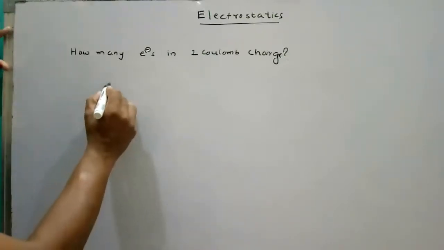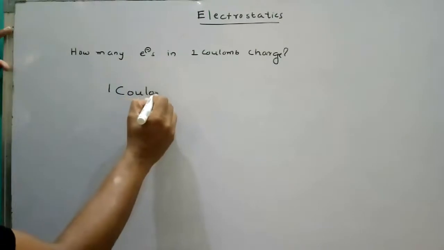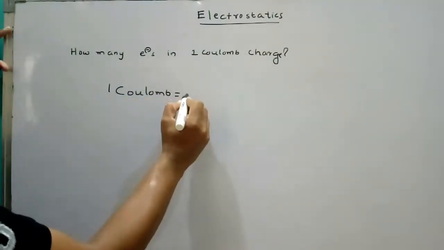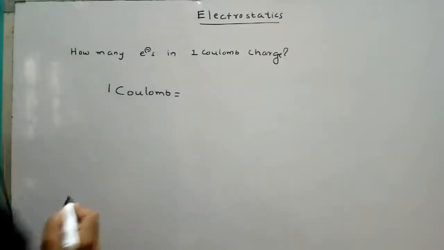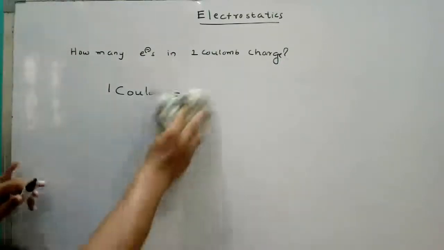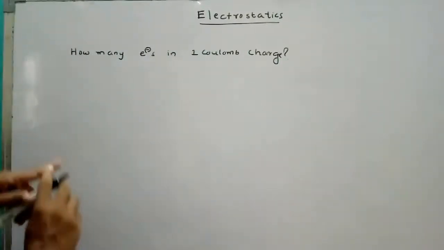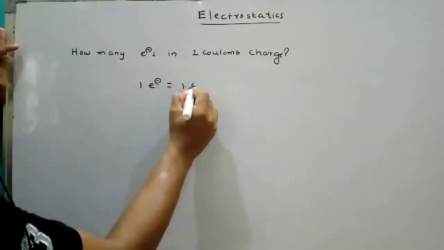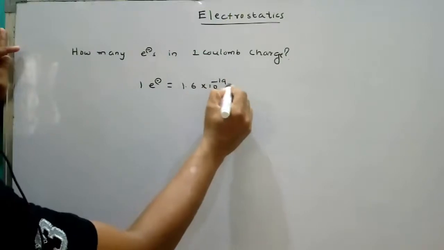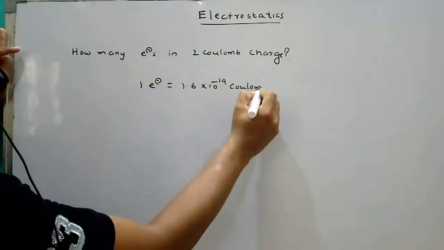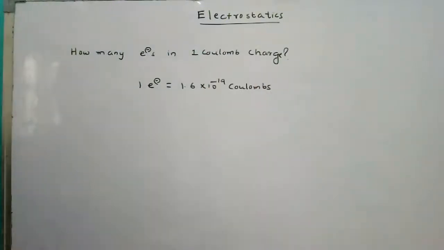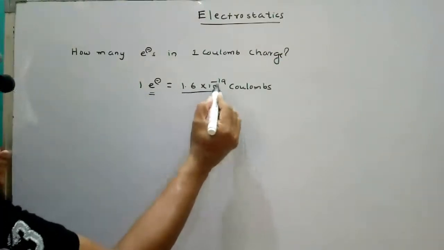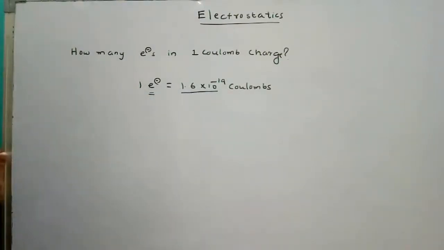Generally we know 1 coulomb equal to... 1 electron charge is 1.6 into 10 power minus 19 coulombs. We know this one.